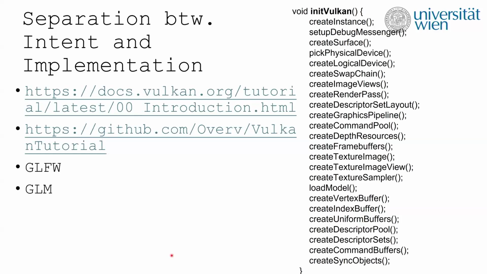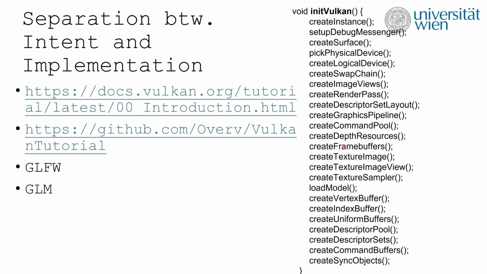There are a couple of problems, of course, with the Vulkan tutorial nowadays. It's a bit dated. And if you think about this overview here, you really don't see what's going on inside of the functions, and you don't see what type of state they are actually working on. So that would be very nice to turn them into pure functions where you give input parameters and you get an output.